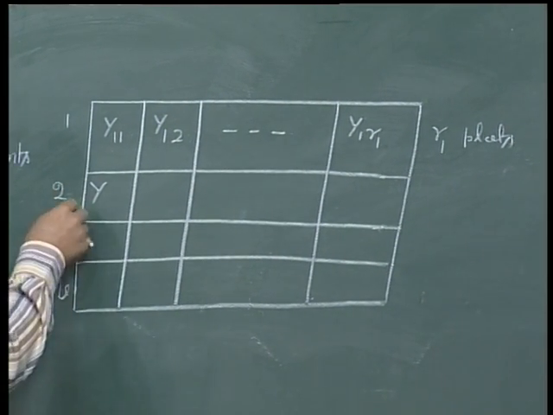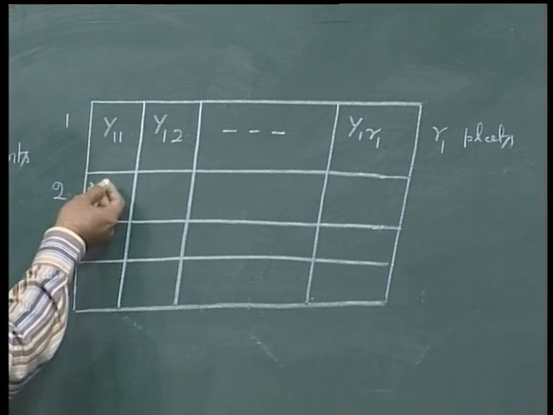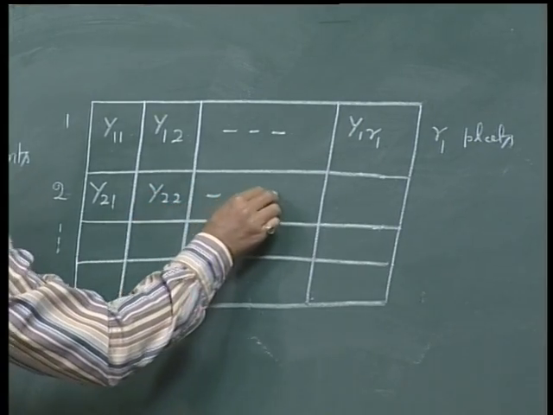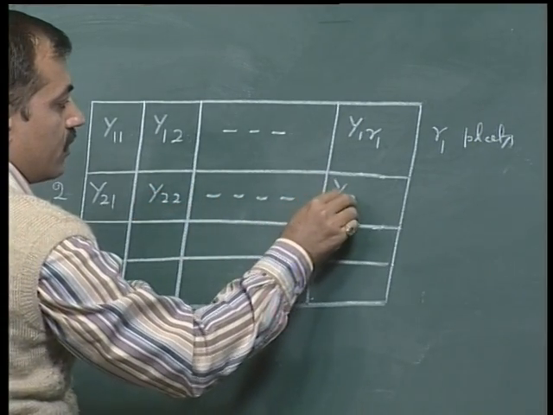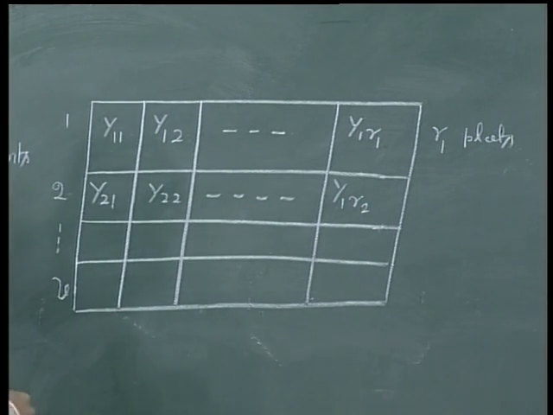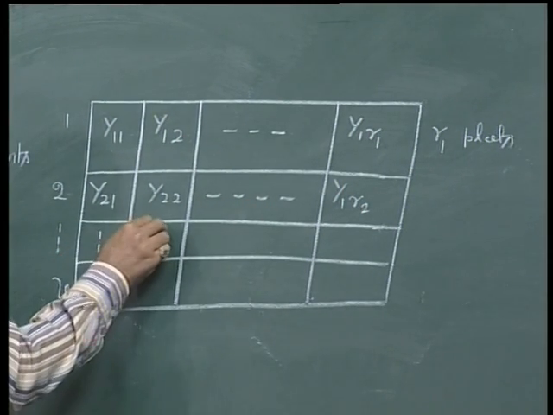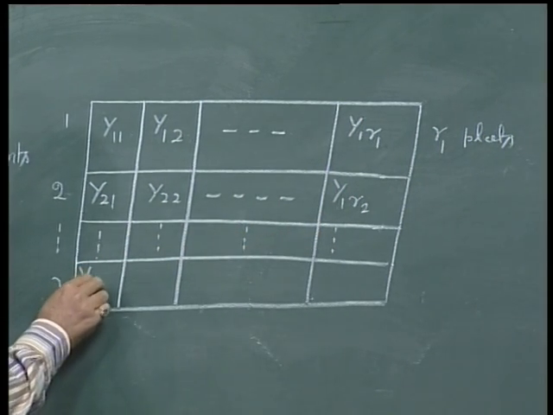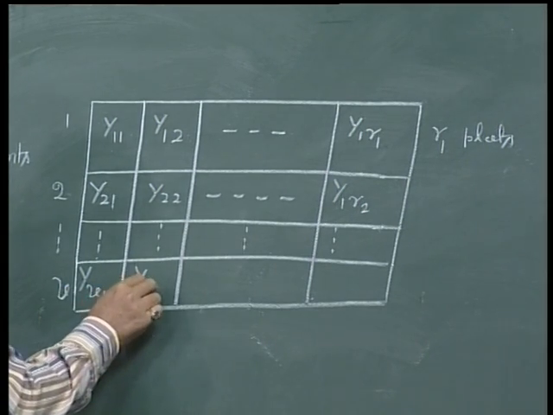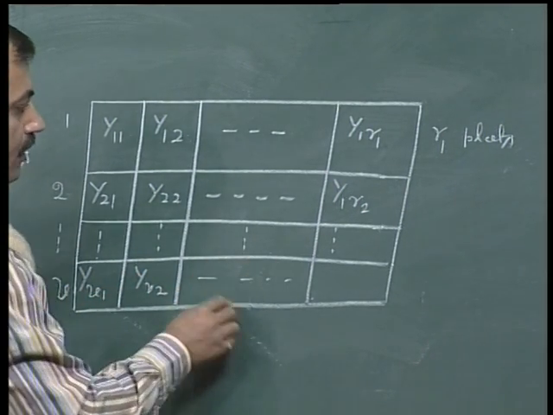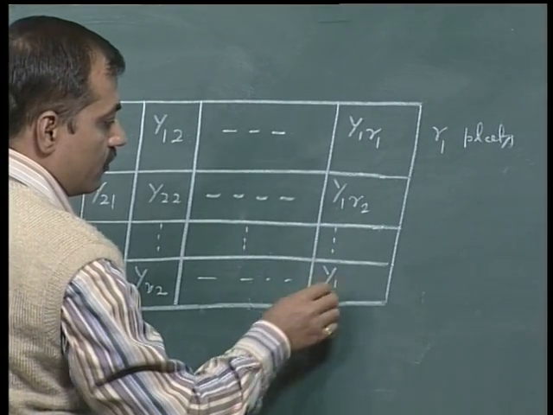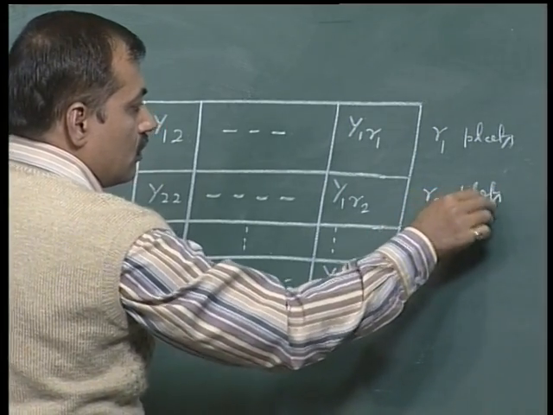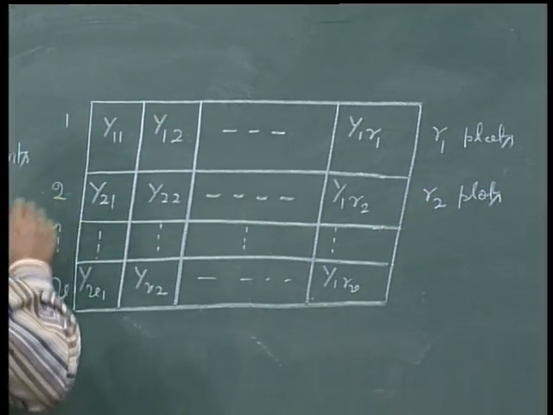The yield or response for the second treatment is y21, y22, up to y2r2, and for the vth treatment yv1, yv2, up to yvrv.